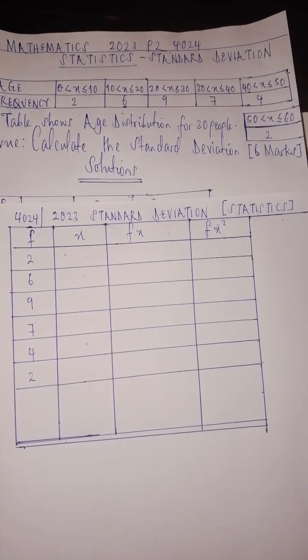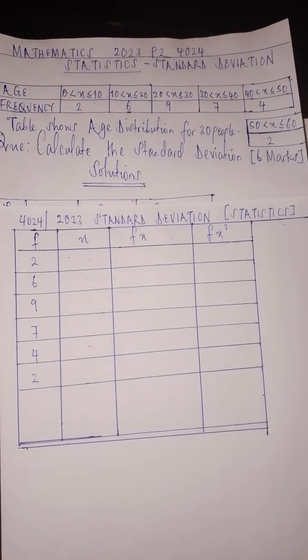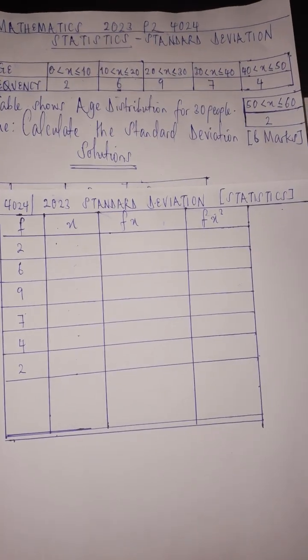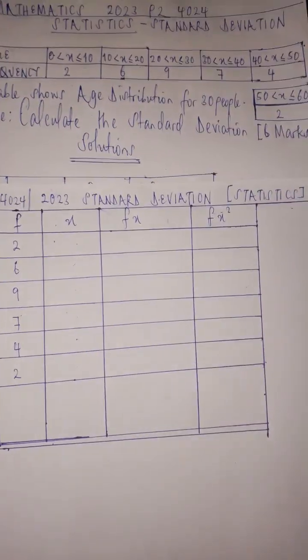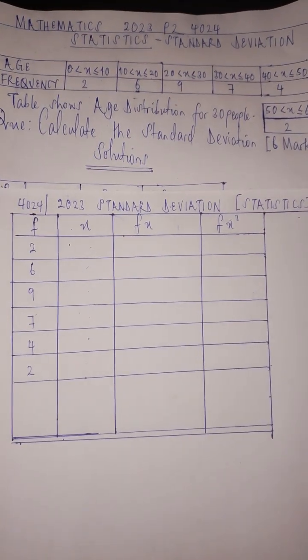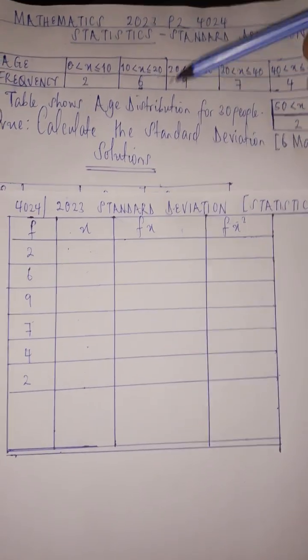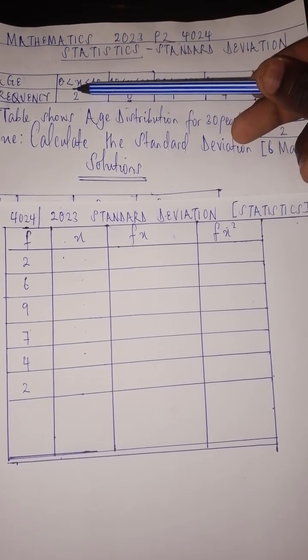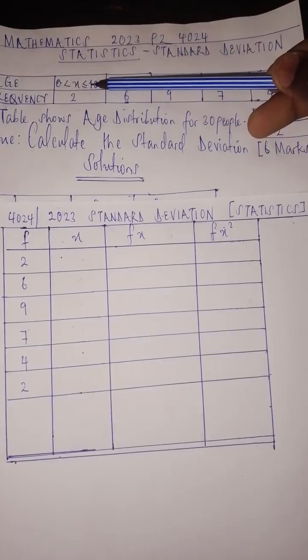So the formula for calculating midpoint will be the lower value plus the higher value divided by 2. So in this case, I'll consider 0 to be a lower value, 10 to be the higher value.